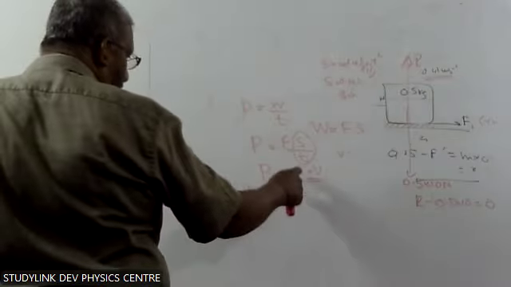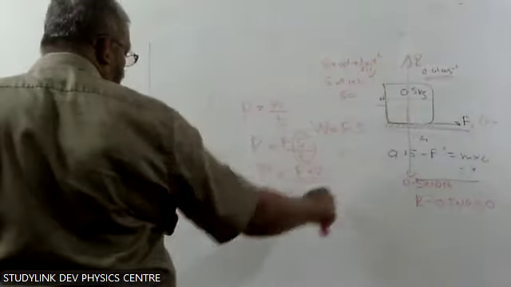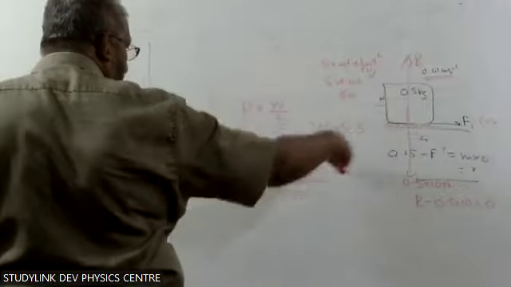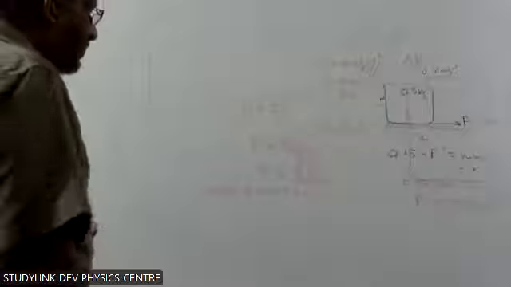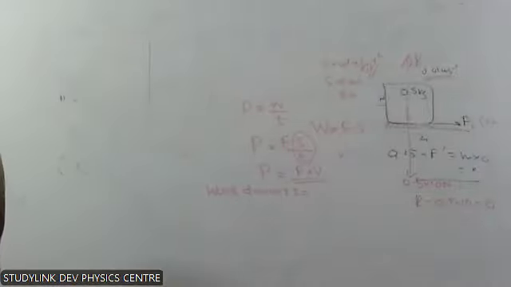Work done for the first situation, F1 into V. V is the same, 0.1. Second situation, second F into 0.1. Then get the difference. There are two methods. You can use one method.